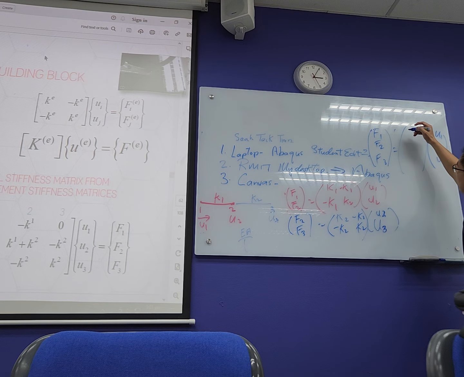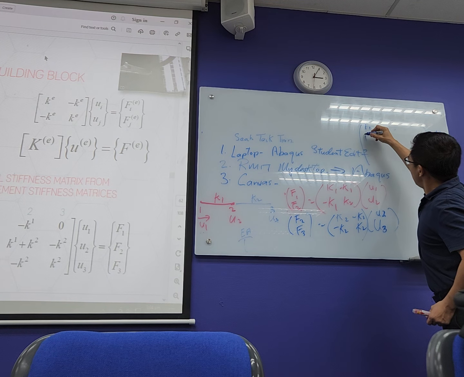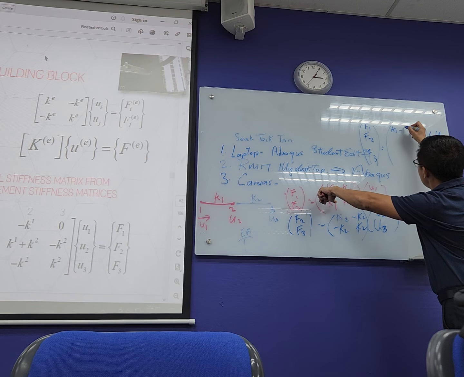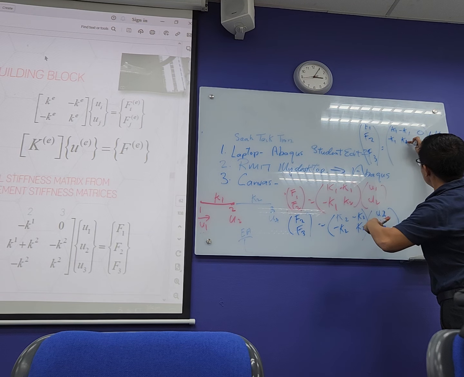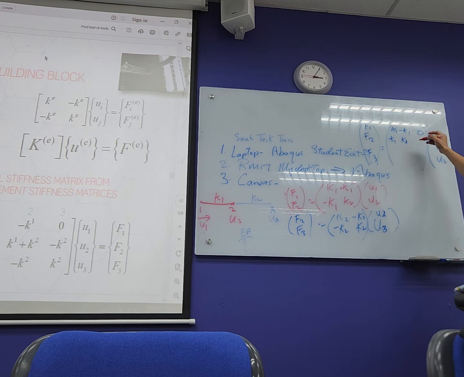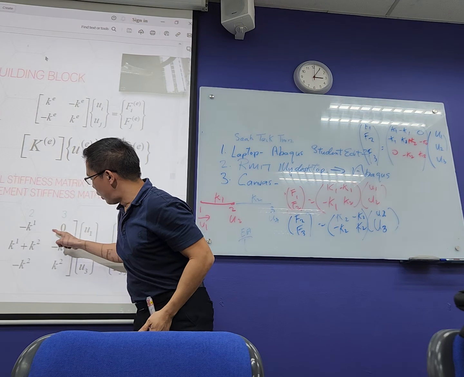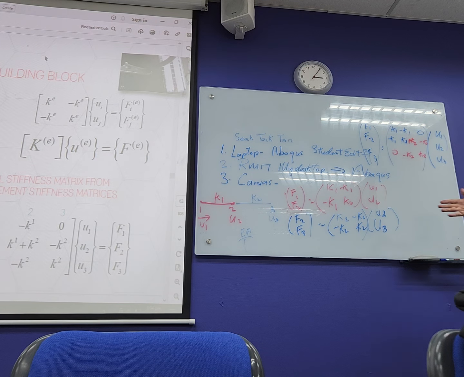You put this together and it will be F1, F2, F3, equals K1, negative K1, 0, negative K1, K1 plus K2, negative K2, 0, negative K2, K2. You see that? This is the first one, this is the second one. So imagine if I have a lot of elements.